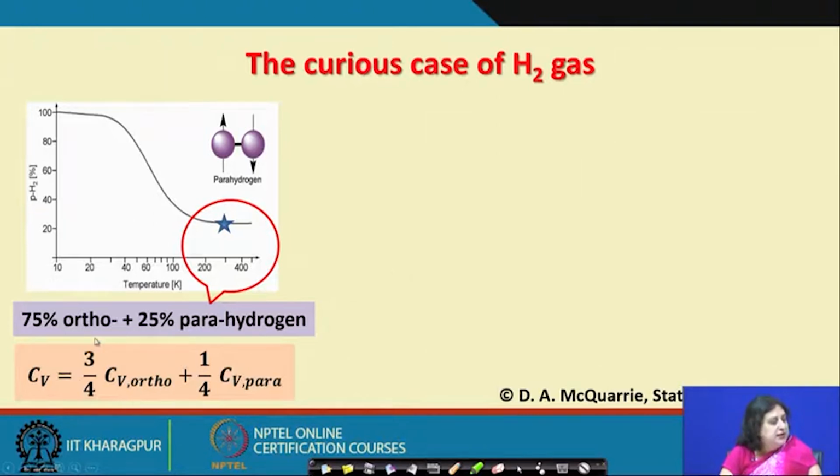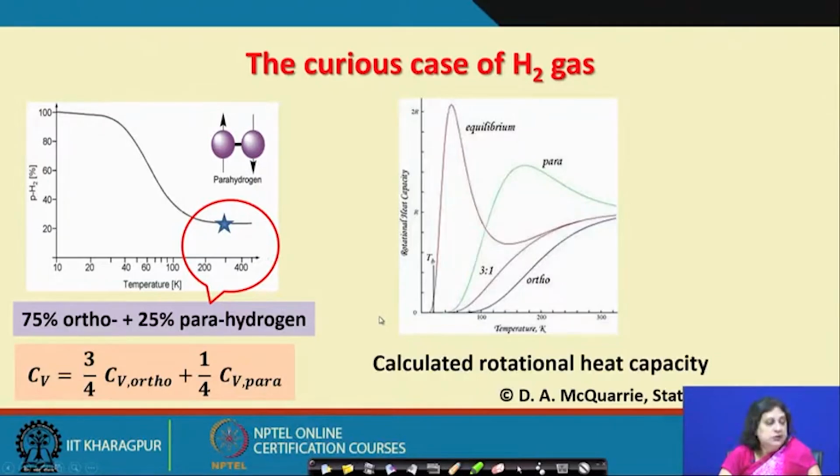I will take 75% of the CV for the pure ortho hydrogen plus 25% of the CV of the para-hydrogen, add the two up and get the CV for a mixture that is 75% ortho and 25% para. Now, the result of the calculation was extremely interesting.